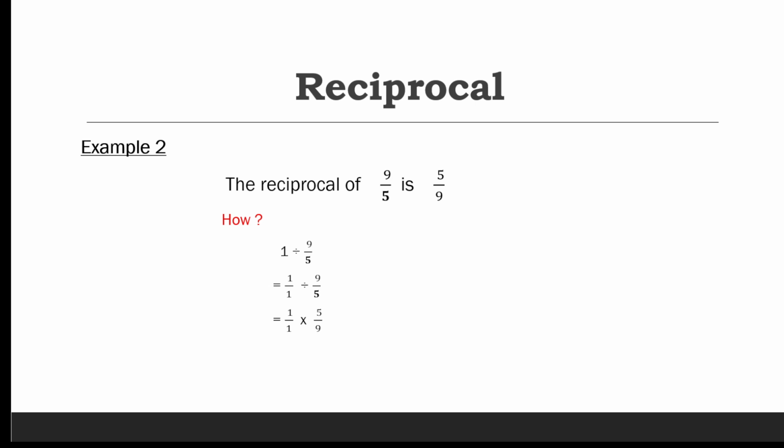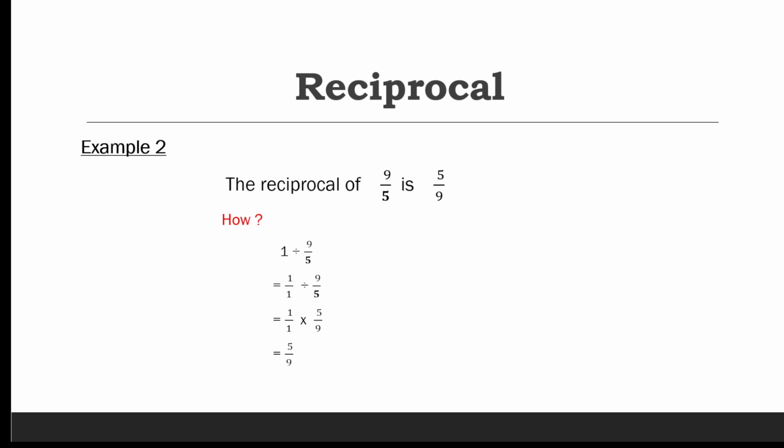From our knowledge of fractions, we also know that if we have a division sign, we convert it to a multiplication sign, and the fraction on the right has its denominator become a numerator and its numerator become a denominator. That yields 1 over 1 times 5 over 9.